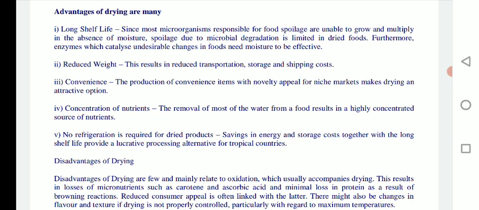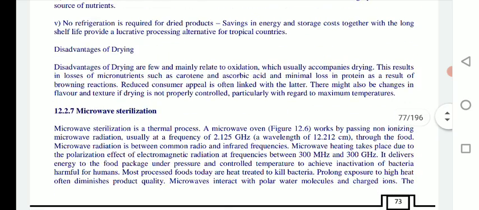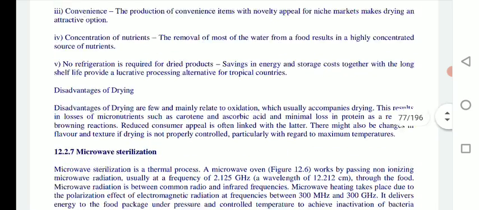Most of the microorganisms responsible for spoilage are unable to grow and multiply in the absence of moisture. So spoilage due to microbial degradation is limited in dried foods. Then reduced weight results in reduced transportation, storage, as well as shipping cost. So these are different advantages of drying.